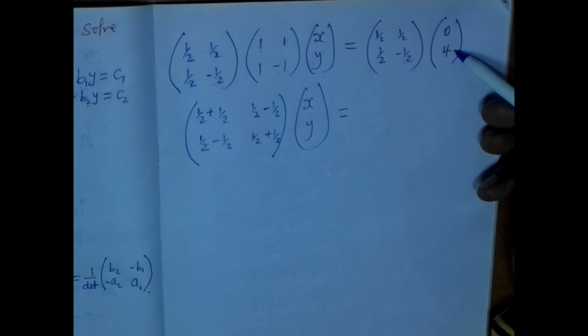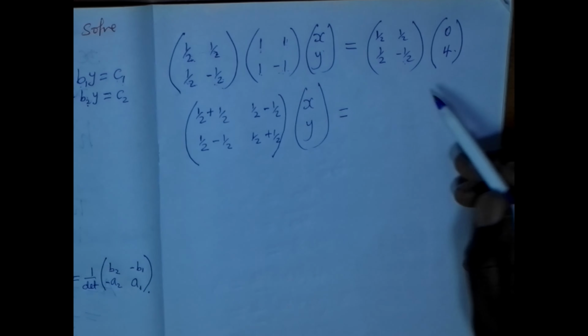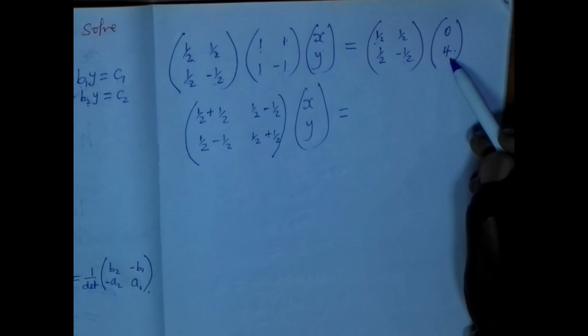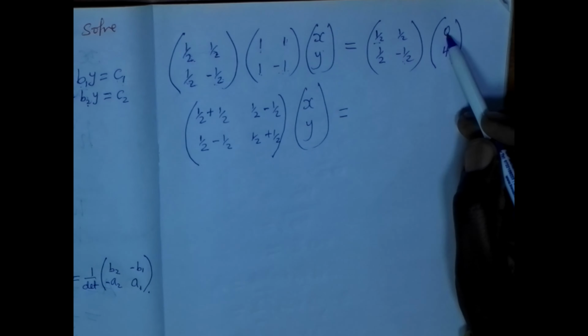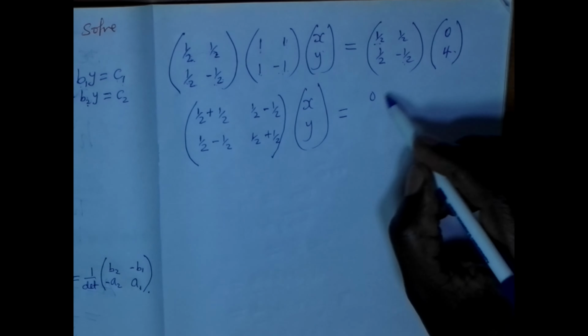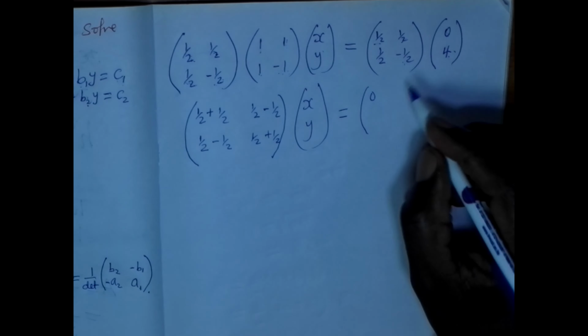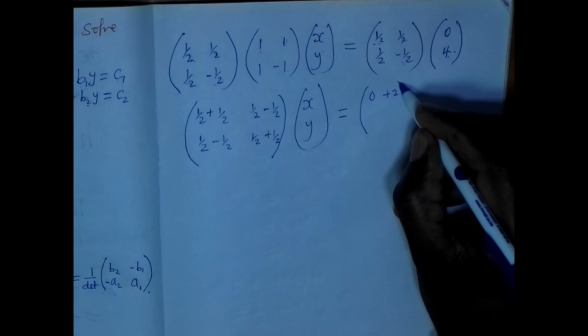Then the variable matrix will be equal to, again, the inverse times the constant matrix. First row, first column: a half times 0 is 0, plus a half times 4, which is 2.